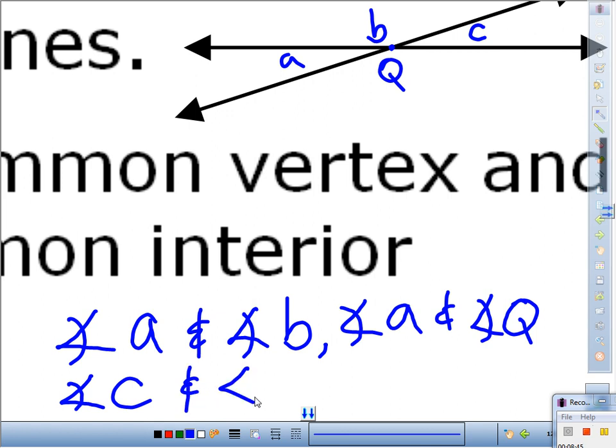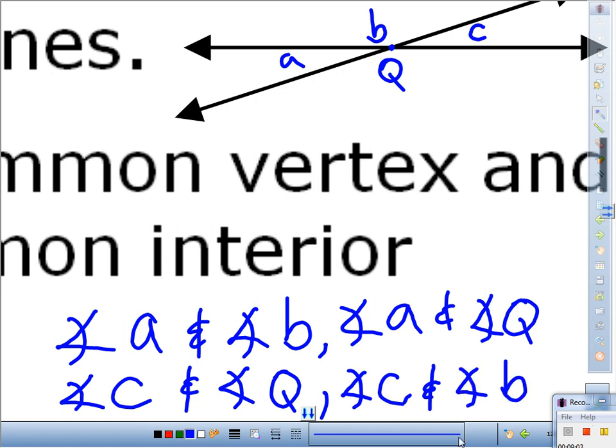Angle C is adjacent to angle Q. Hands, have you got that? Yes. What other angle? Angle C is adjacent to what other angle, Pedro? No, you can do this one. Angle B. Hands, if you agree with those? That is correct. So those are adjacent angles.